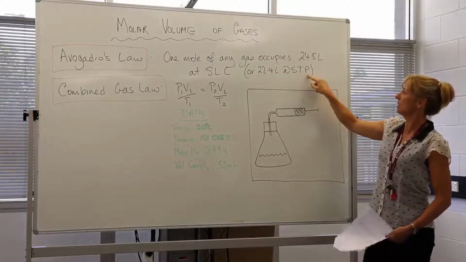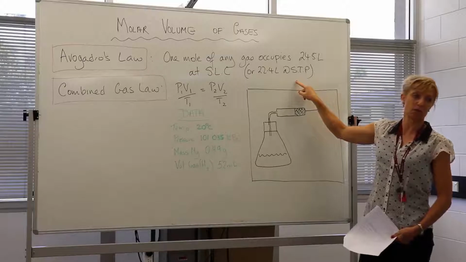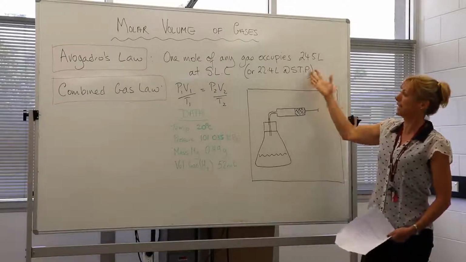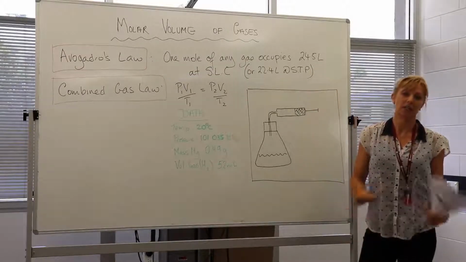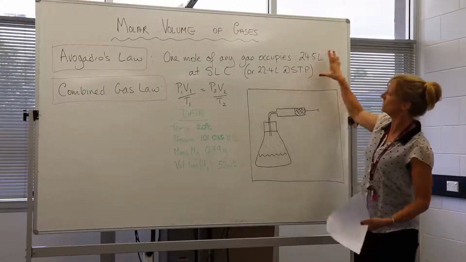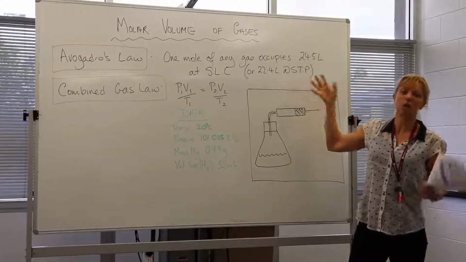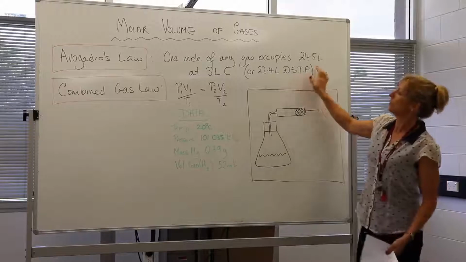Standard temperature and pressure is 0 degrees Celsius or 273.15 Kelvin, and the same atmospheric sea level pressure of 101.3 kilopascals. So that's the law. It probably will be in your data book, but you need to know of it and how to use it. So we'll be using that.